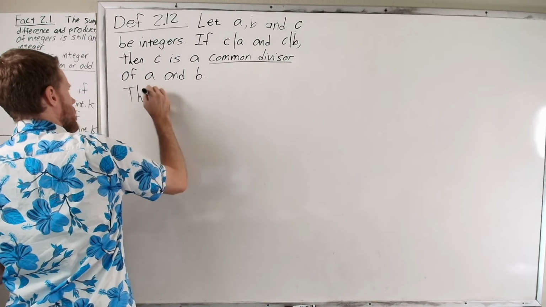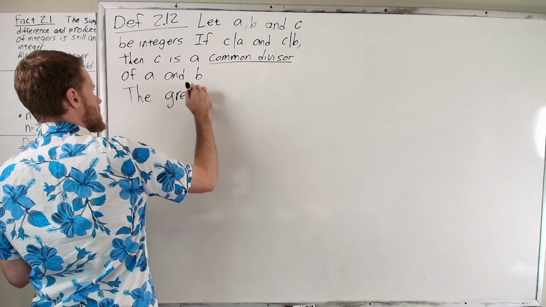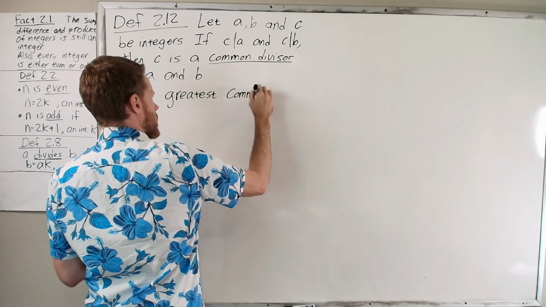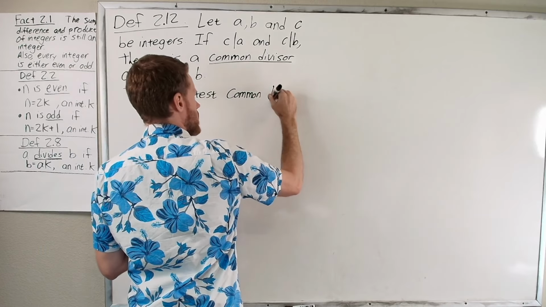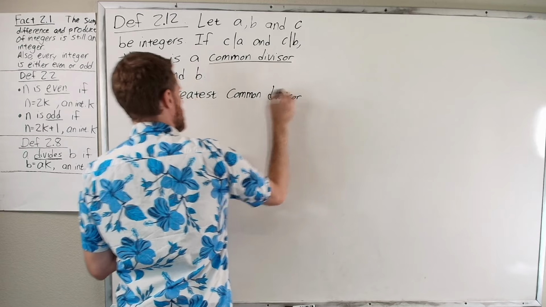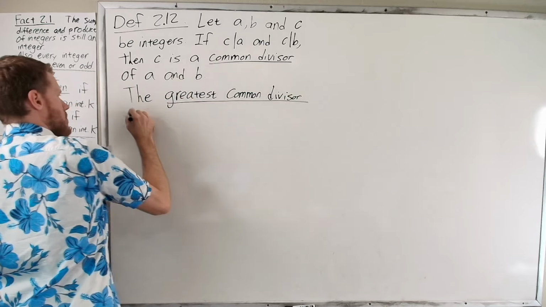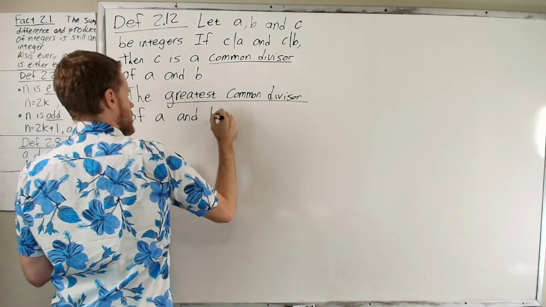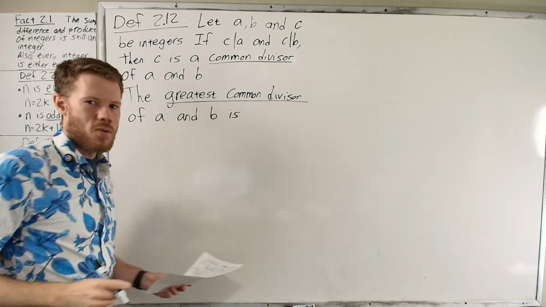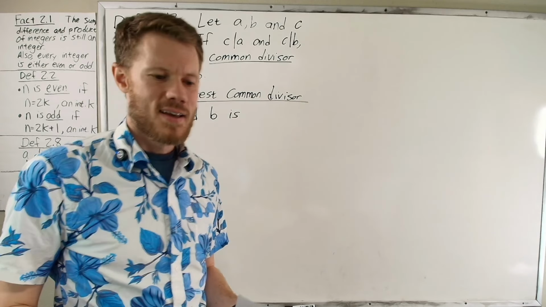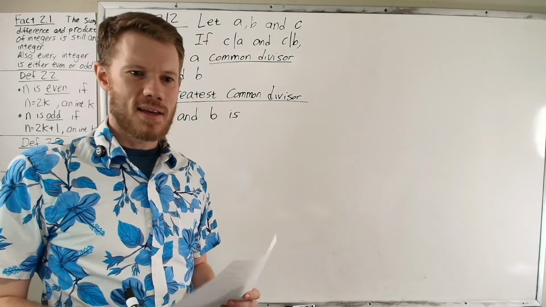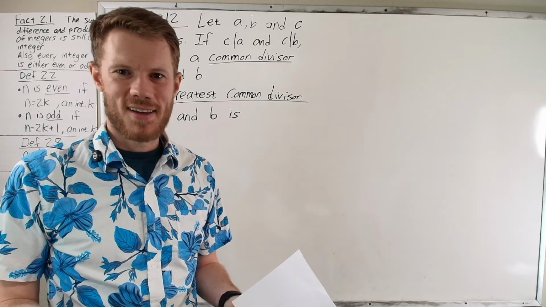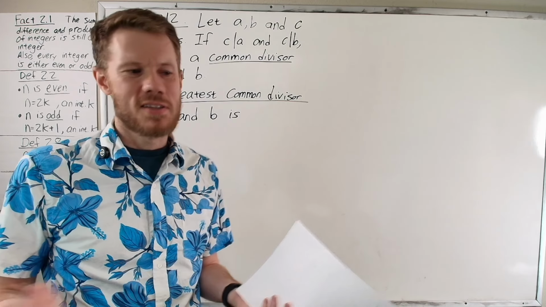So the greatest common divisor of A and B is, well, I'm tempted to write the greatest common divisor of A and B is the greatest common divisor of A and B. It's a term that is basically self-defining.